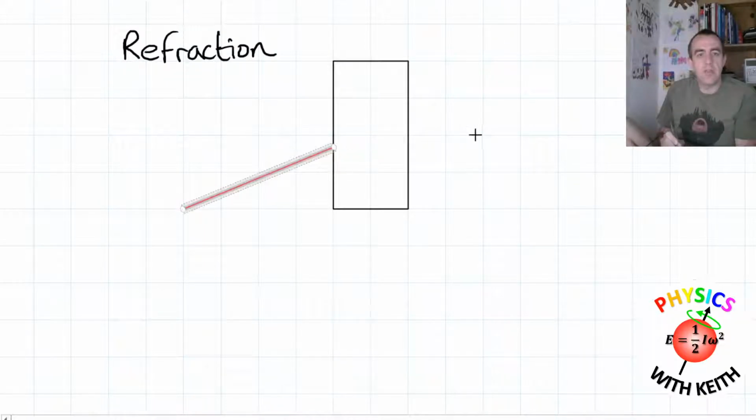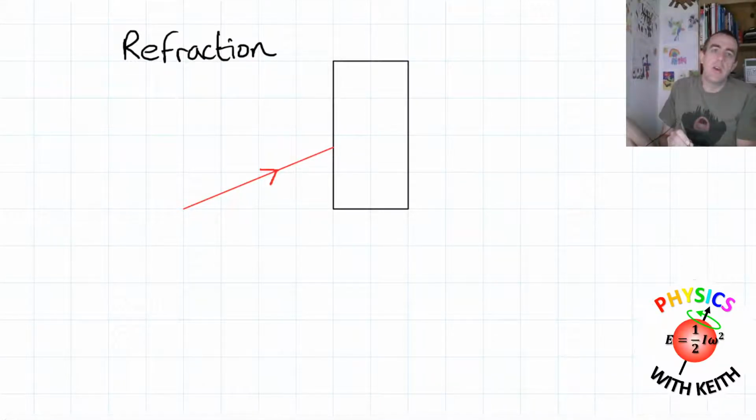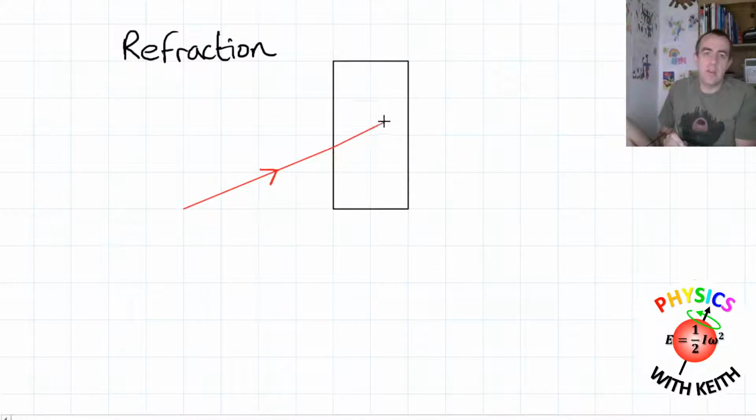But as a general idea, as light enters a medium which is more dense, for example, here I've got a piece of glass in the middle, and here I've got a ray of light entering it, the light will slow down. And as it slows down, it's going to change direction. So the normal ray of light would go straight through the glass like this.